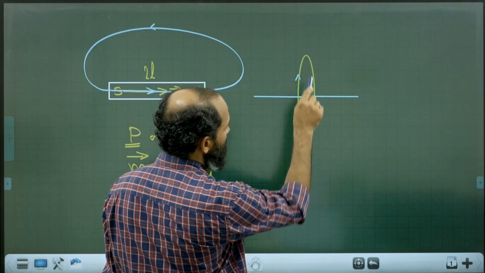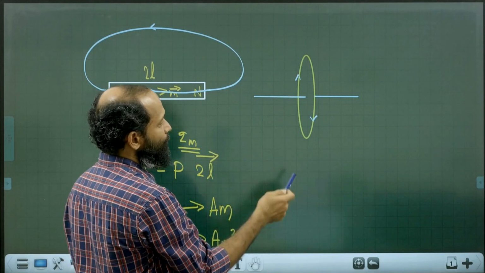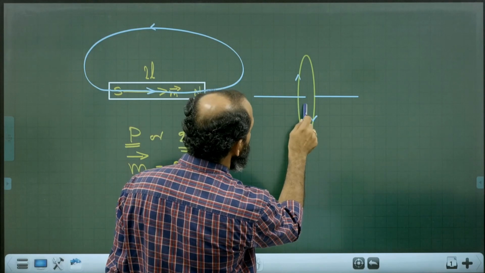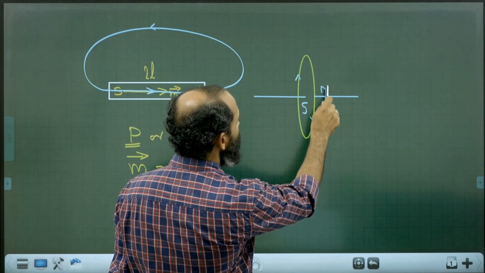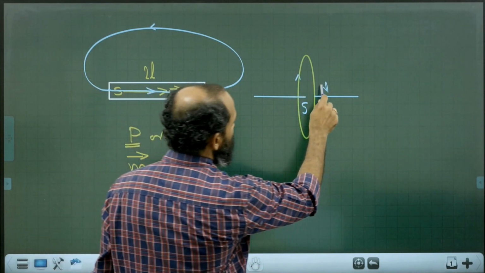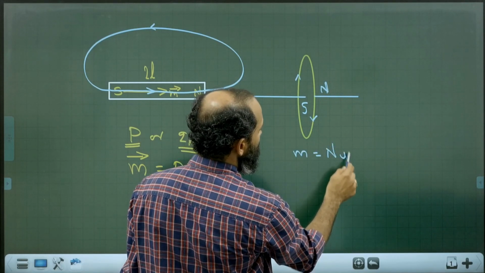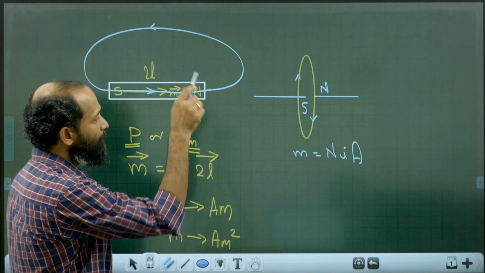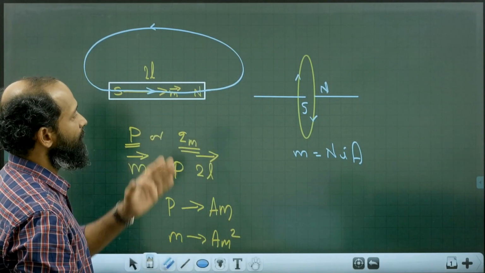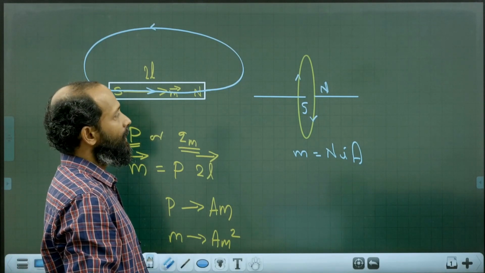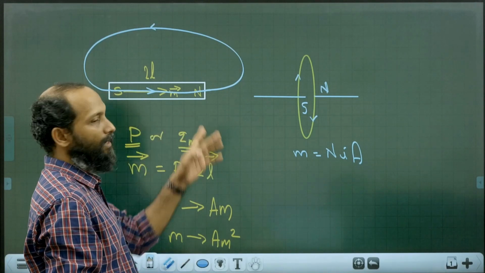Sorry, clockwise current when you are looking from left side. As you look from this side where I am standing, you will see a clockwise current where the polarity is south, the other side it is going to be northward. The magnitude of moment of this current loop is equal to NIA. So current loop has a magnetic moment, permanent magnet also has a magnetic moment. You can compare the moments of each. Current loop is a magnetic dipole. This is also a magnetic dipole.